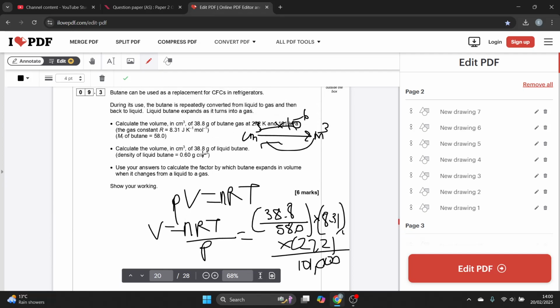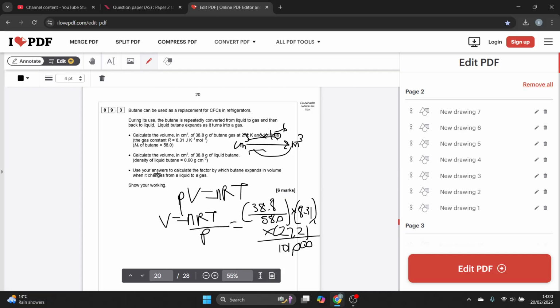Then I have to calculate the volume of this much liquid butane, given the density of liquid butane.